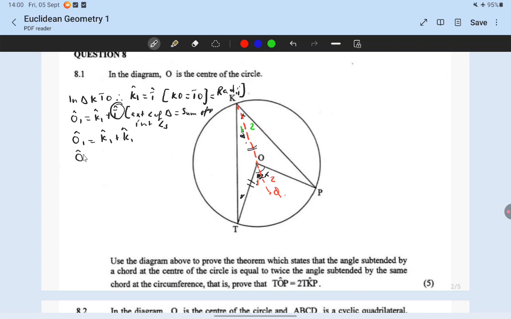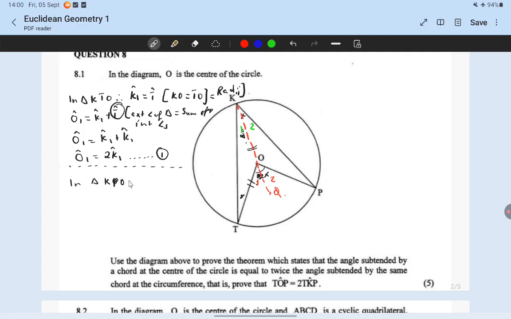So angle O1 will be equivalent to 2 times K1. And this we can call equation 1, or however you want it to be. And now we can move to another triangle, triangle KTO.